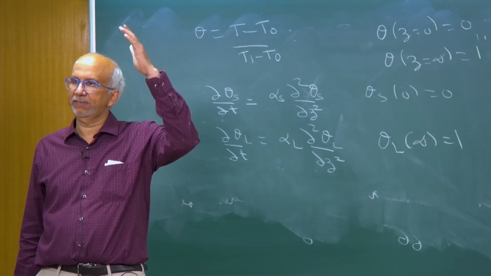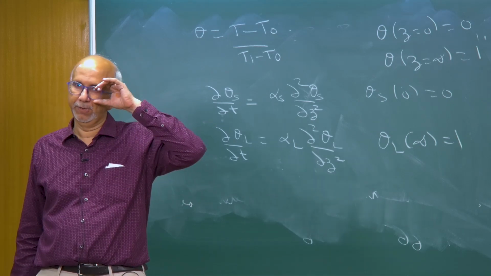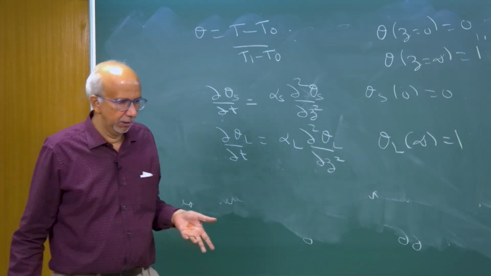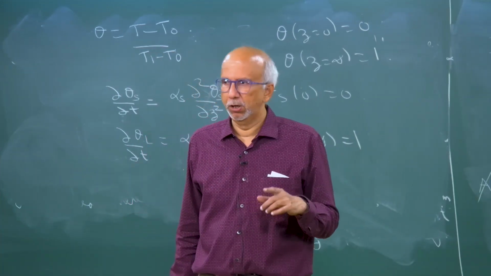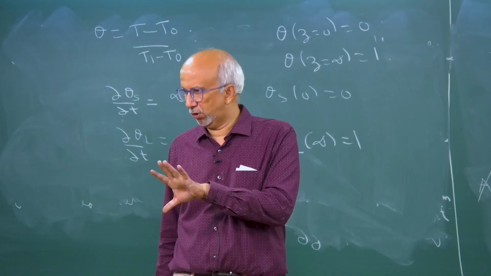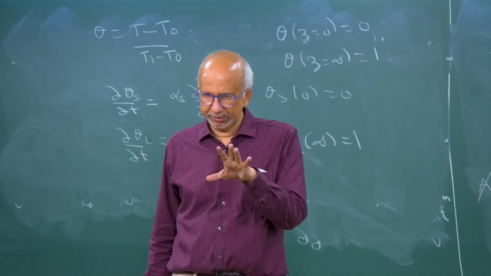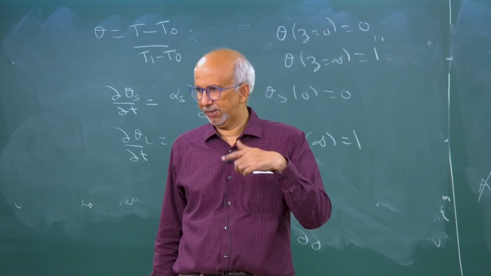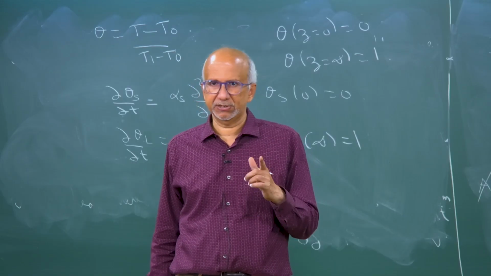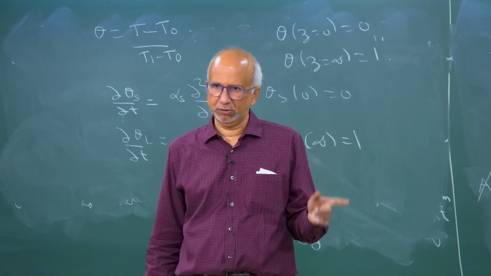Just to give you an idea, this dimension is going to infinity, and I am going to use what we saw earlier, similarity transform, to find a solution, which is why I have not bothered to make the space and time dimensionless. Otherwise, I would have made the space and time dimensionless. So, our approach is similar to what we have seen earlier.